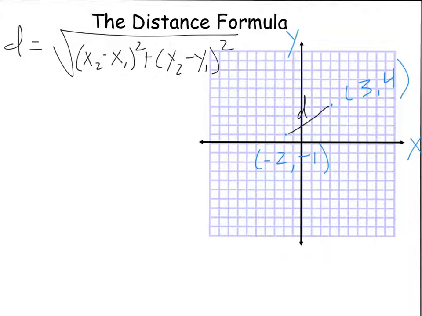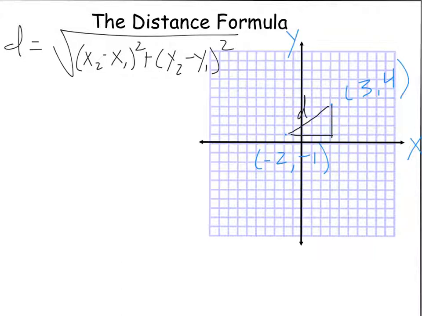And every time we touch on the distance formula, I always like to give ourselves a reminder that it really is just an application of the Pythagorean theorem, which you've seen many times. First time you saw it in geometry.